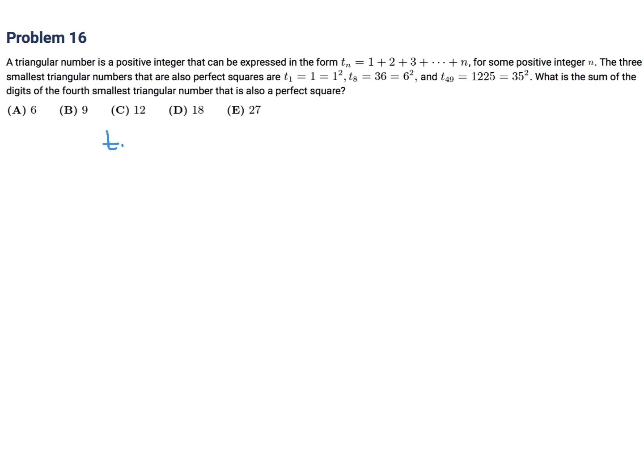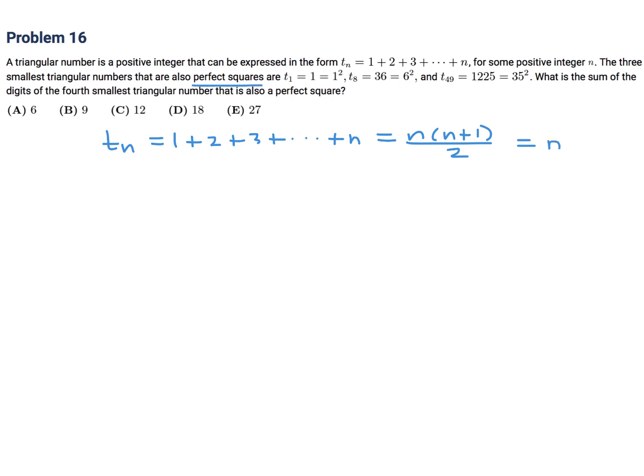So you guys know by now that this sum of consecutive integers can be written as n times n plus 1 over 2. It's a very famous formula, very helpful also. Now they're saying that we have some sort of scenario that this also is a perfect square.